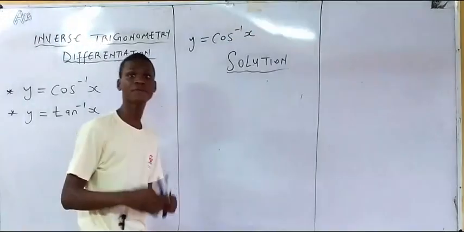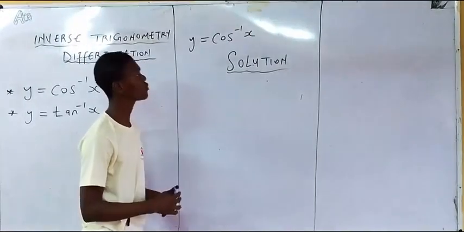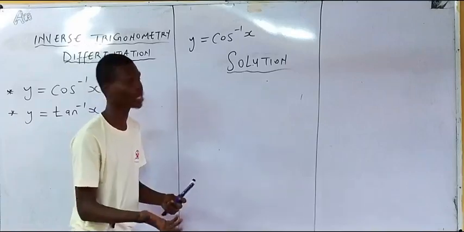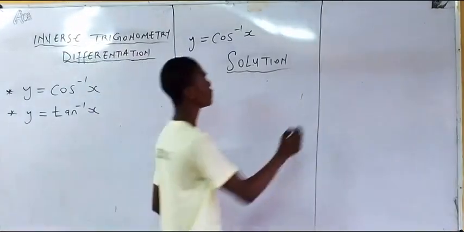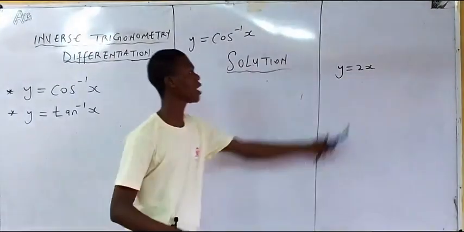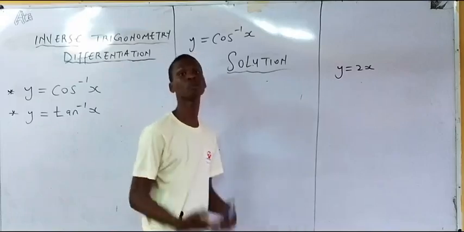Solution. The first thing, when it comes to y equals cos inverse of x, we want to find the derivative. By derivative, we mean dy/dx, right? Recall, when you have y equals 2x and you are asked to find the derivative, you have to differentiate y with respect to x.